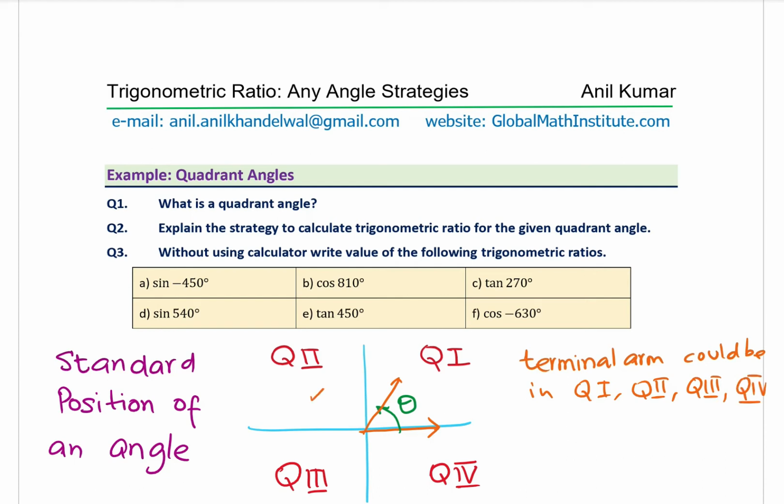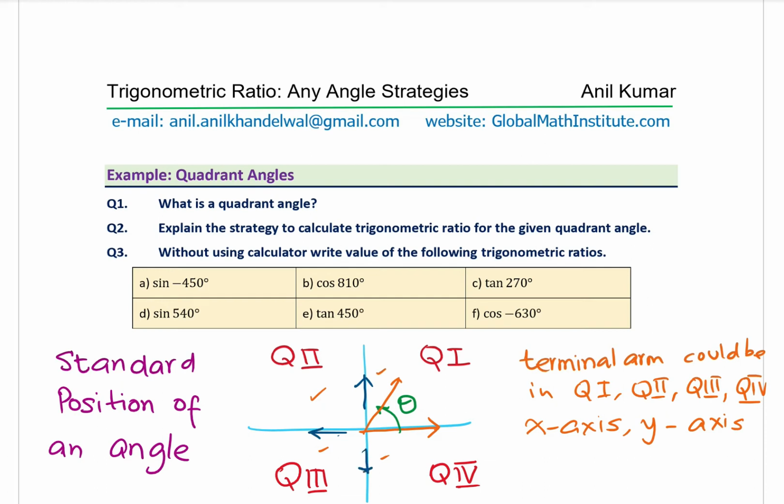So it could be in either of these four places. You'll also notice that it could be on the x-axis or it could also be on the y-axis, right? So it could be positioned somewhere along the axis itself.